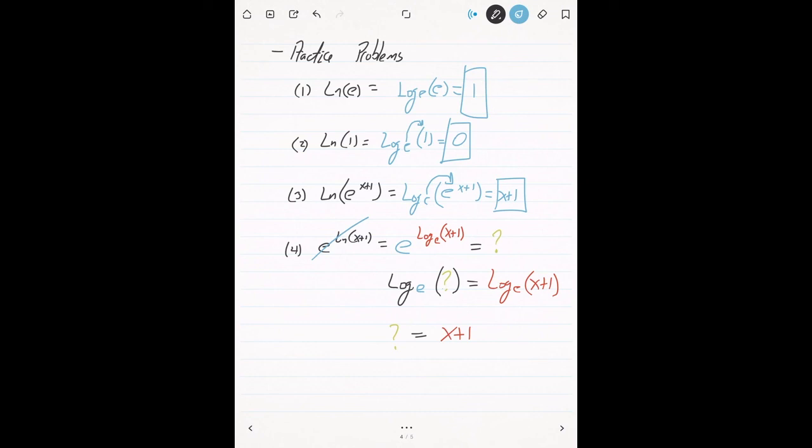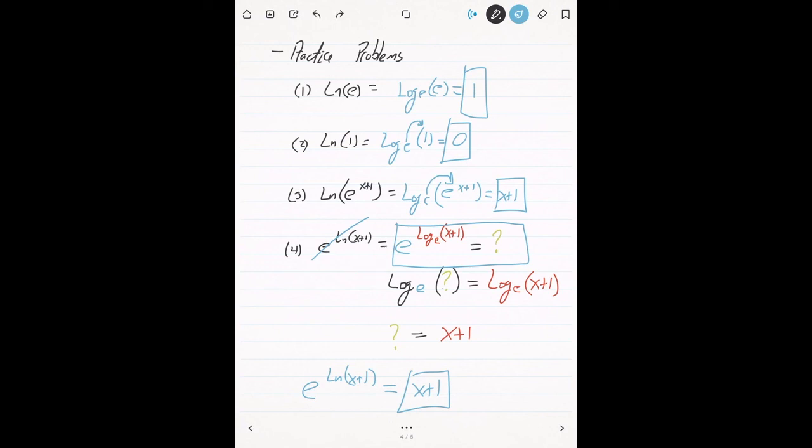So here we should say e to the natural log of x plus 1 should just equal the argument x plus 1. But here's kind of a little explanation of why that works. You'll notice that I first rewrote the natural logarithm to be log base e. And that's just for our sake as we're getting used to this concept. I decided to take this exponential equation and rewrite it into a logarithmic equation.